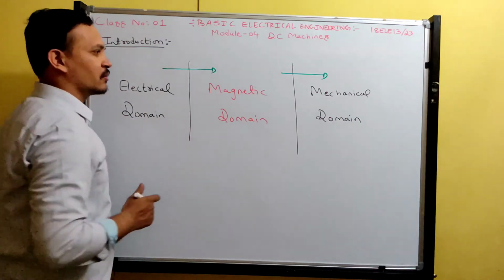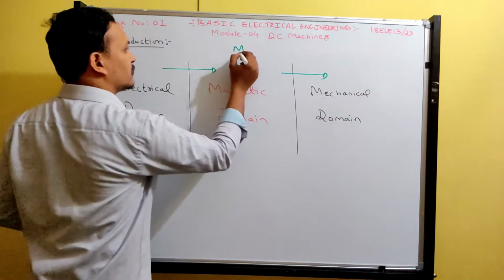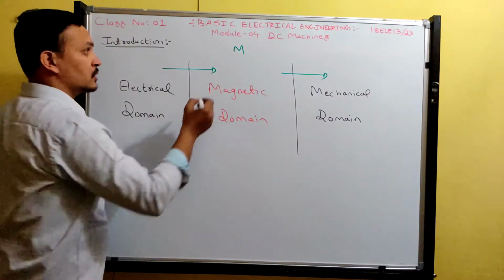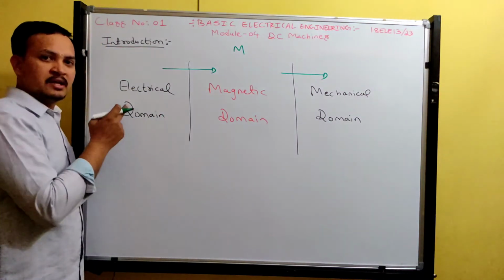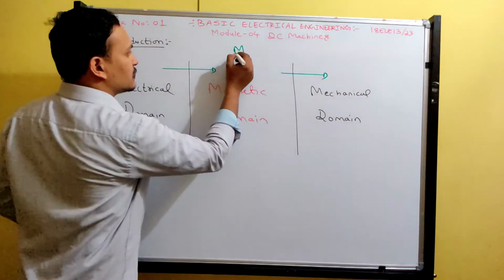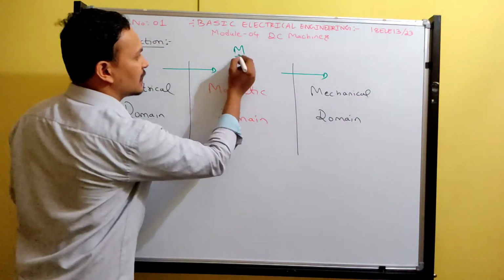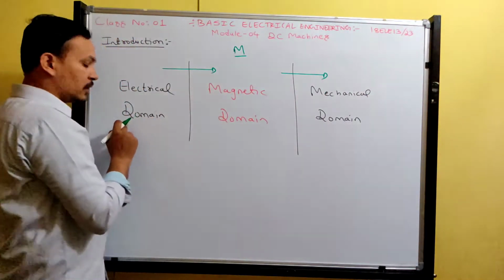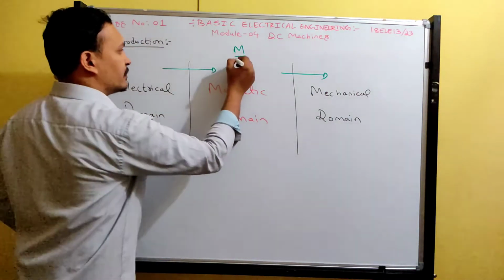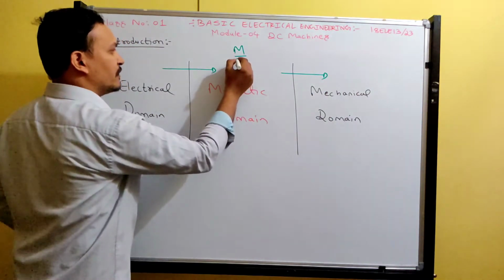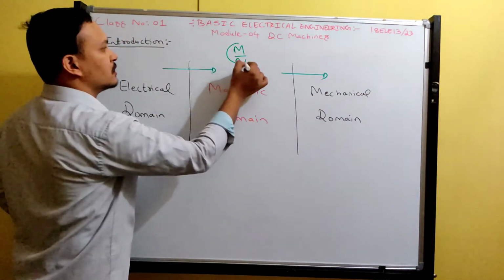See guys, the energy conversion takes place from electrical domain to mechanical domain through magnetic domain. Then the machine is called what? Motor. If the input to the electrical domain is DC, then the machine is called a DC motor. A DC motor is represented by one single line. And if the domain quantities are AC, then the machine is represented by this waveform, an alternating cycle.